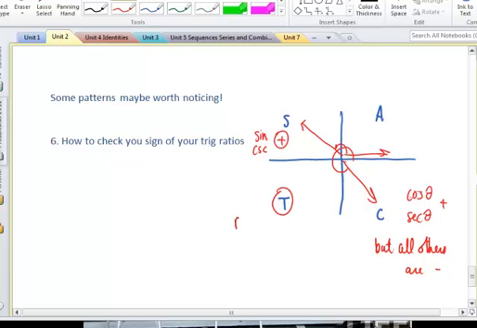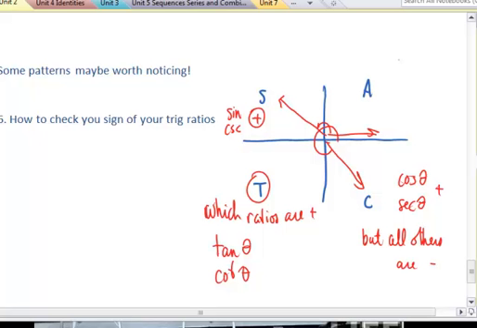Which ratios are positive? And so I hope by now you've guessed tangent and cotangent. And then in the first quadrant, if you ended up in the A quadrant, that would be all trig ratios are positive.